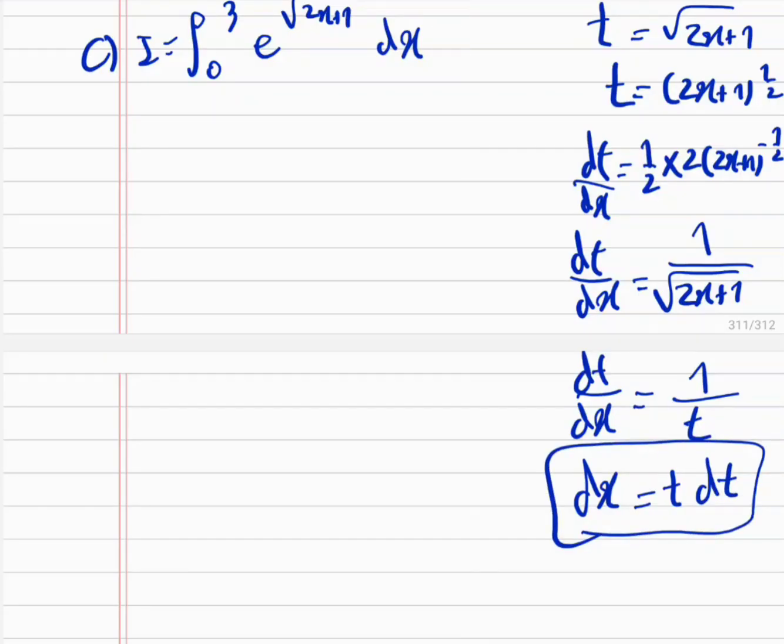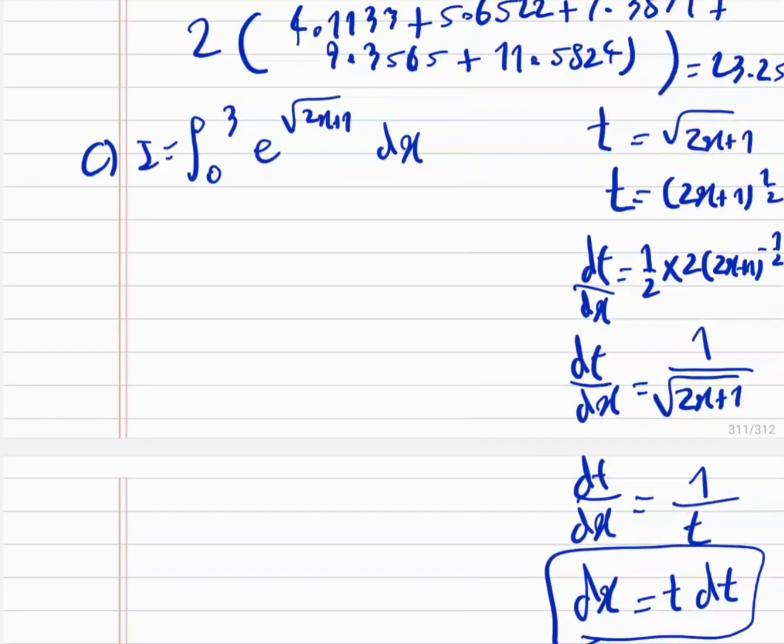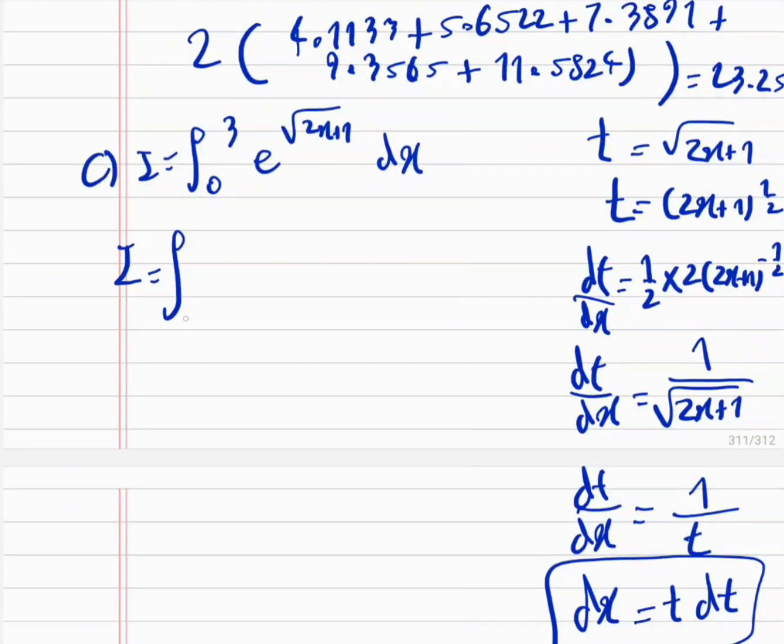Right, and also we need to transform the bounds before we forget that. So when x is equal to 0, t is equal to 1, and when x is equal to 3, then t is equal to root 7. All right, so now we have everything. The limits are 1 and root 7.